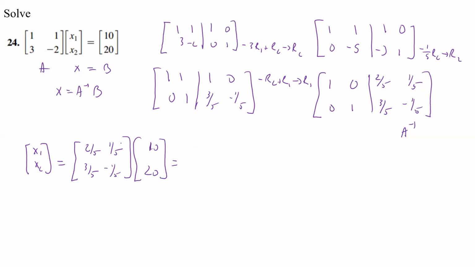And so now we have 20/5 plus 20/5, so that's 40/5, which is 8. And that's going to be 30/5 minus 20/5. So that's going to be 10/5, which is equal to 2. So that would be our X. And so we could say x1 is equal to 8 and x2 is equal to 2. All right, so let's stop there and we'll come back for some more.